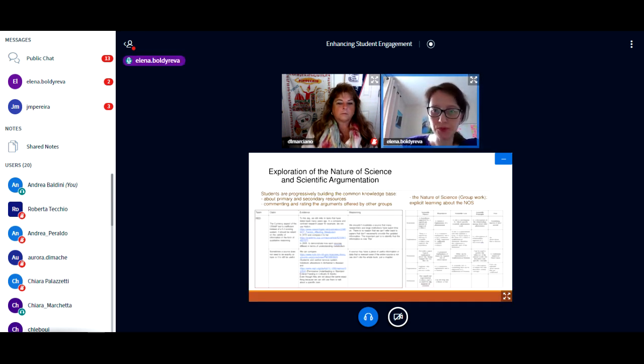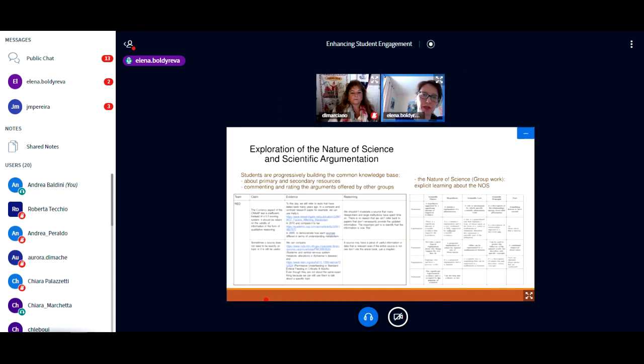Some examples here, I will not go into all these small details. For example, students are progressively building the common knowledge base, such as about primary and secondary resources. This is an example of a sort of scientific argumentation. We try to model scientific argumentation in the classroom, where the students have claim, evidence, and reasoning about different resources.